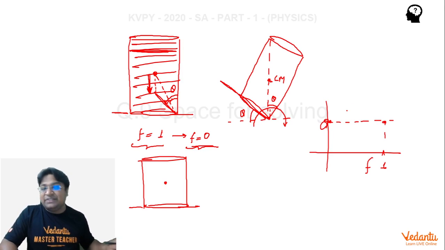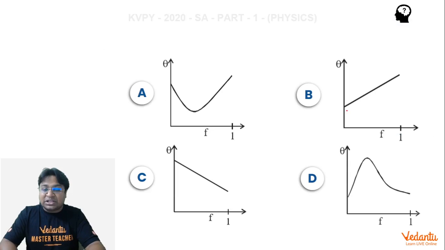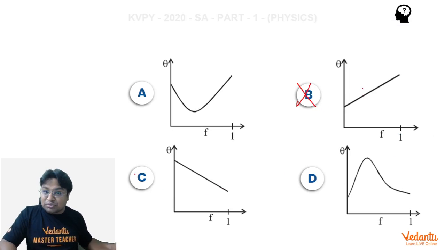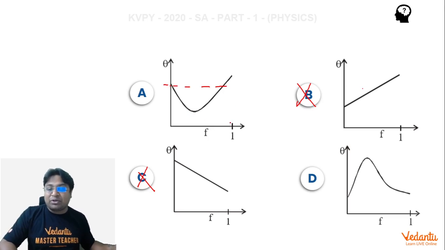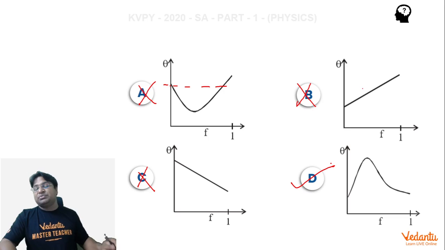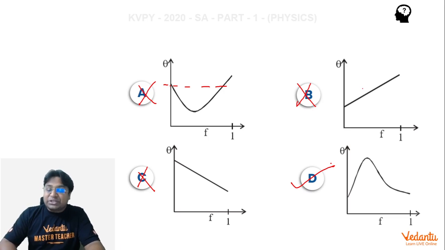So let's see whether we have such an option with us or not. Out of the given options, this one is a monotonous graph, hence incorrect. This one is also monotonous, hence incorrect. In this, the mid values are lower as compared to f equal to 1 and f equal to 0. So this is incorrect, and hence only this one should be the correct one. So option D will be the correct answer.